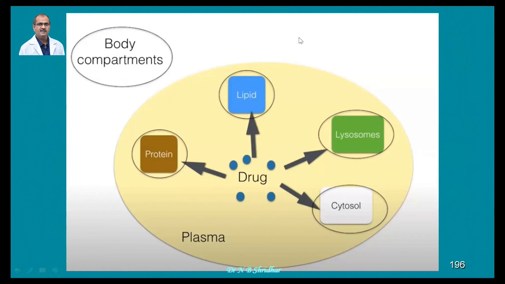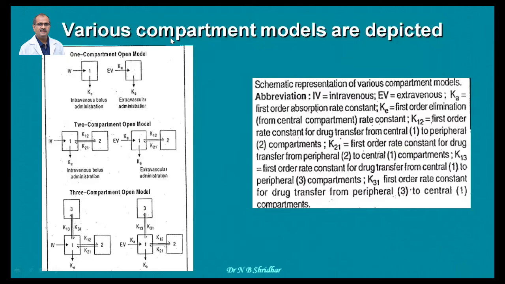Here you can see that the body is divided into varieties of compartments like lipid compartment, lysosomal compartment, cytosol and protein. And the drug, of course, this is the plasma in case of a blood vessel. Then the drug may enter the lipids, lysosomes, cytosol or protein. Like this, it is going to attach to the different body components.